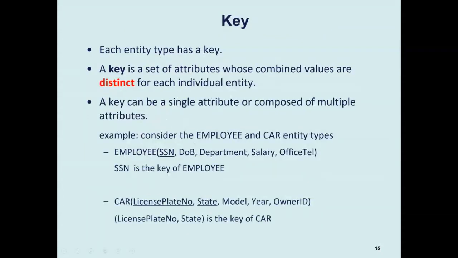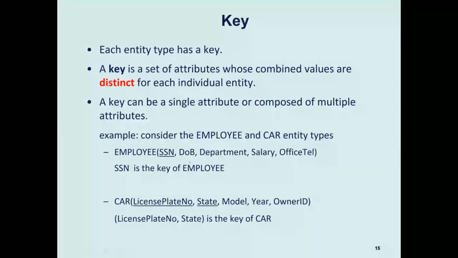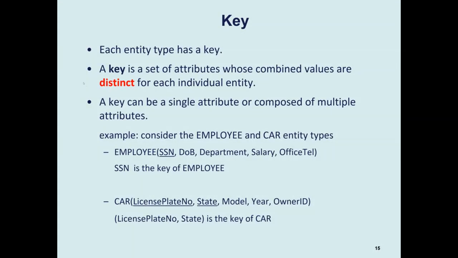I think we have discussed the concept of the key in many lectures. The definition of the key is the same for ER modeling and the relational data model. A key is a set of attributes whose combined values are distinct for each individual entity.